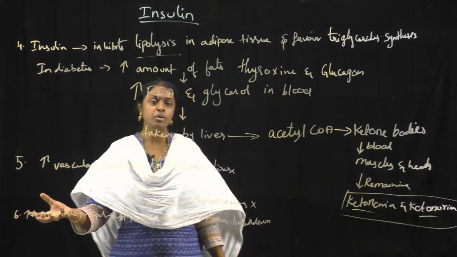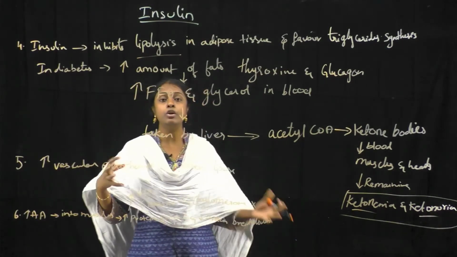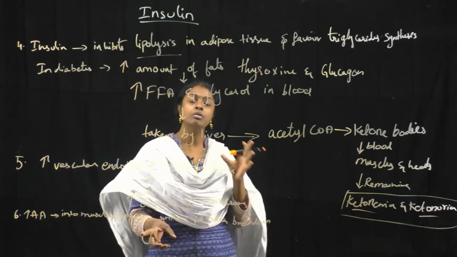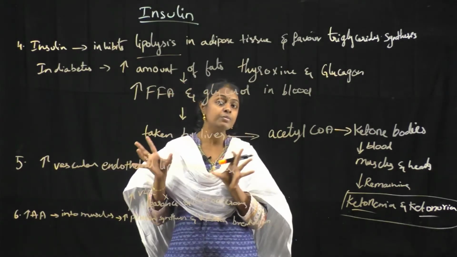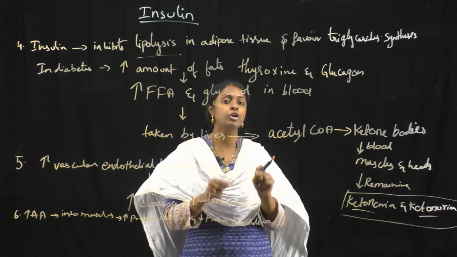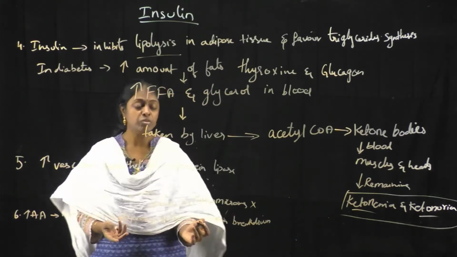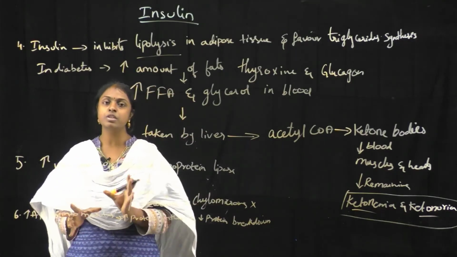So when amino acids are entering into the muscles and other cells, they will utilize them for the synthesis of proteins. So insulin will increase protein synthesis as well as inhibit protein breakdown. When there is a deficiency of insulin, protein breakdown will increase and protein synthesis will decrease.